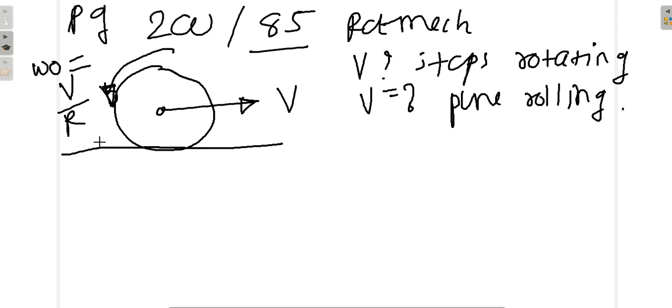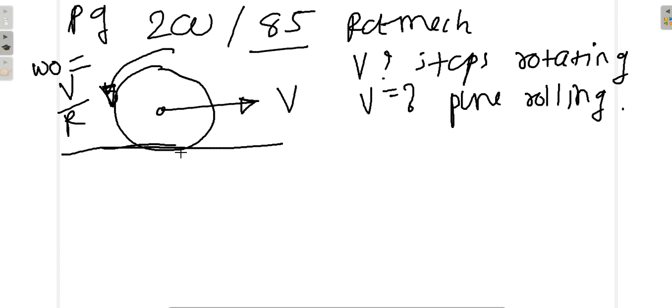I want the value of omega to become 0 because it has to be reversed. So the applied torque, the force of friction, must oppose the value of omega naught. In this case, omega naught is in the anti-clockwise direction.